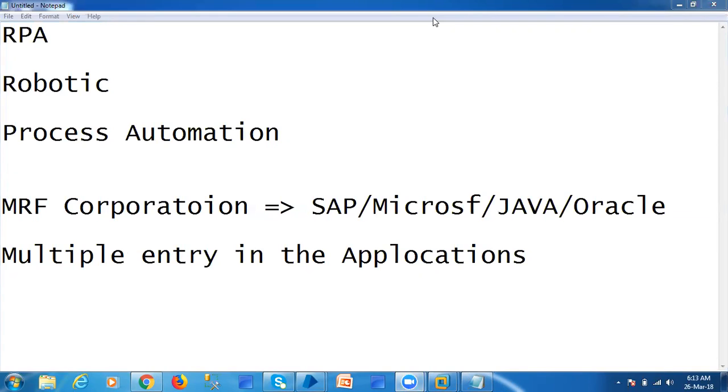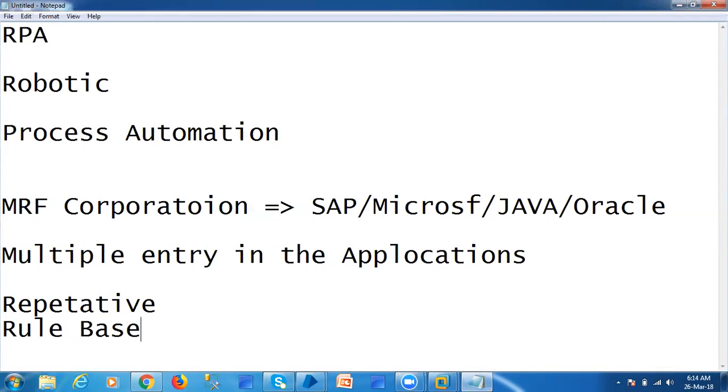So who is working on top of these applications? The client employees are working, meaning the end users and super users. What they are performing are day-to-day transactions, repetitive tasks, rule-based and lengthy business flows.